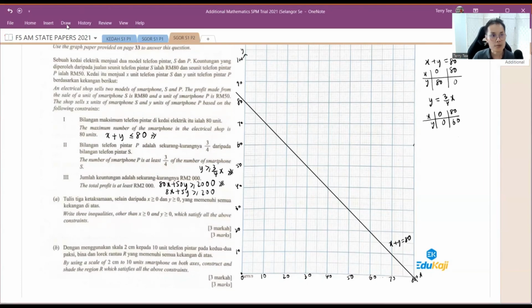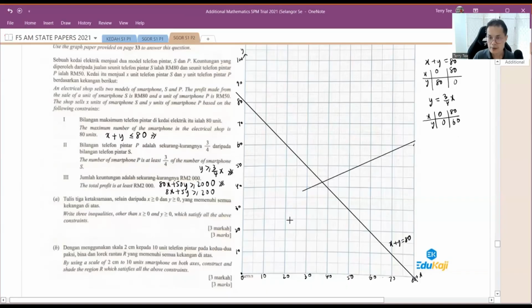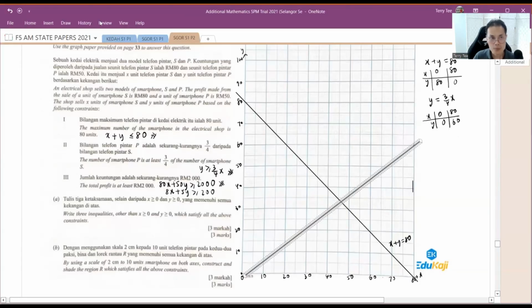So I need to use my ruler. Join this together. Make sure you pass through this origin here. All right, adjust the line. Oops. Okay, so this is y equals 3 over 4x.